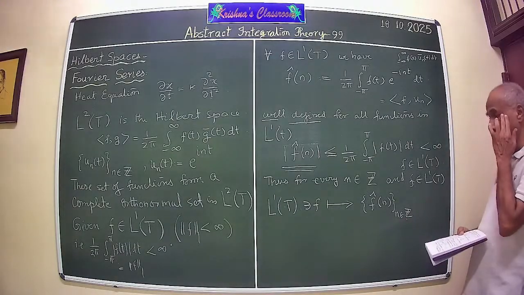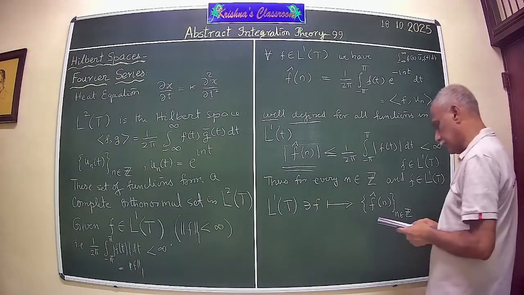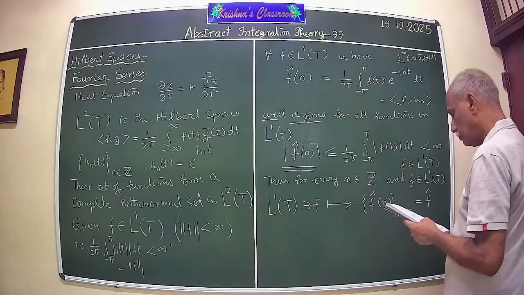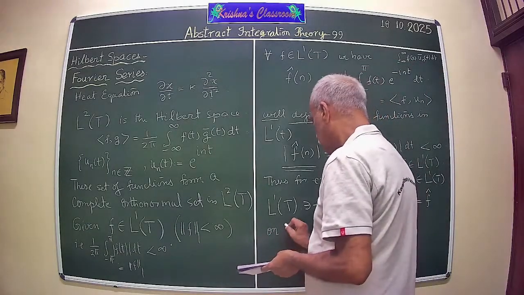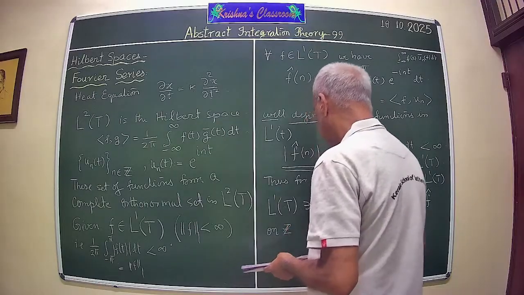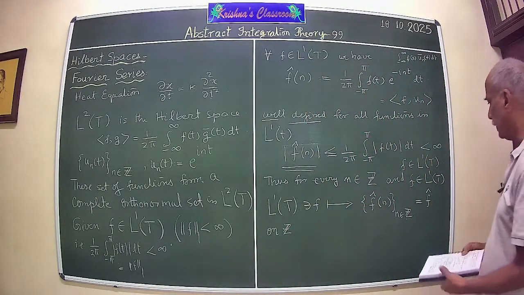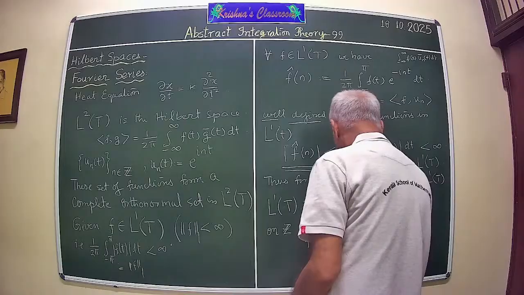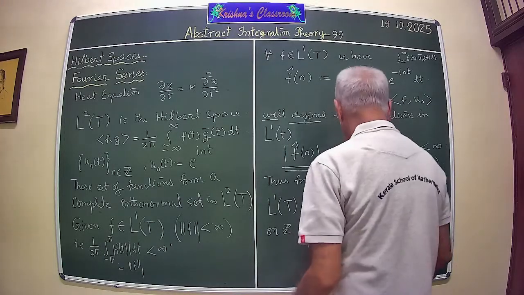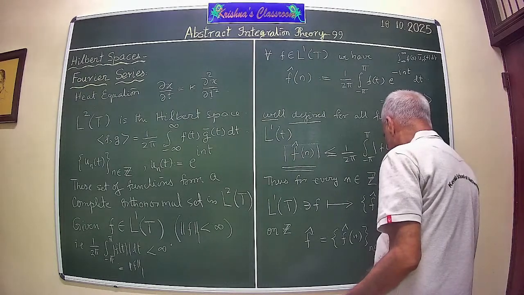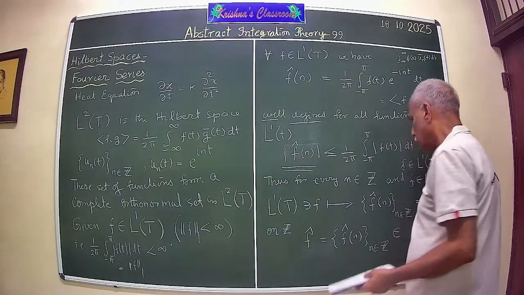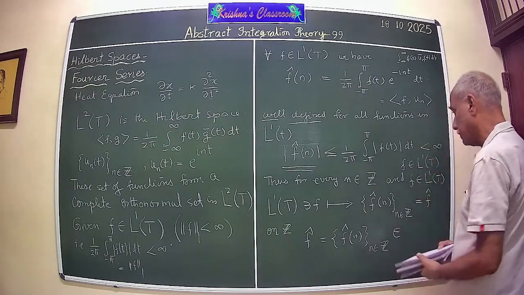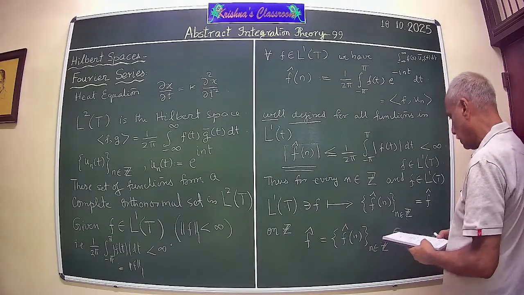See, this is the index set that you have. Okay, and this you call what is called f hat on Z. So you see that you can write f hat as, which belongs to, which is well defined, which belongs to what you call, okay.